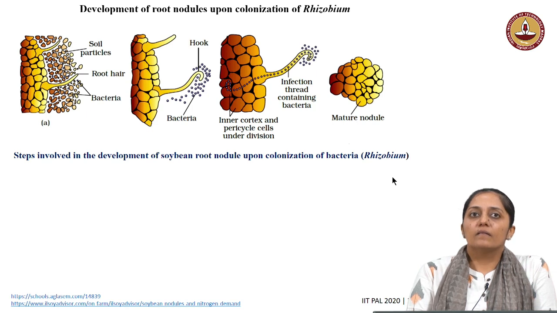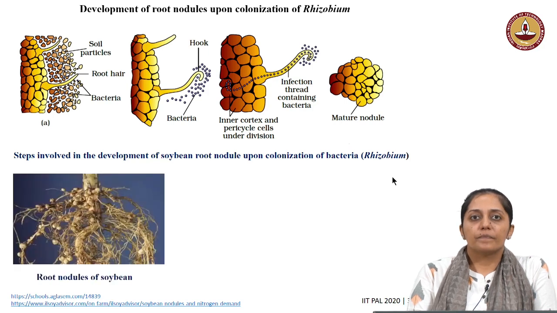The bacteria grows around the root hairs, and once it colonizes the root hairs, it travels like a thread into the inner cortex and pericycle cells which are under division, and then the root hair curls up like a hook and it forms a mature root nodule.